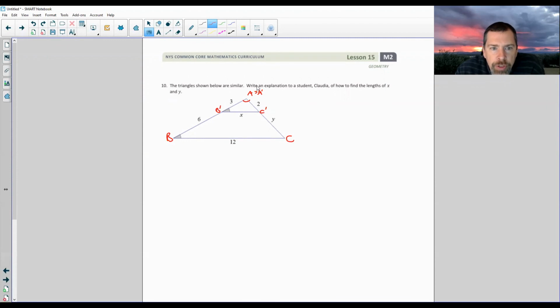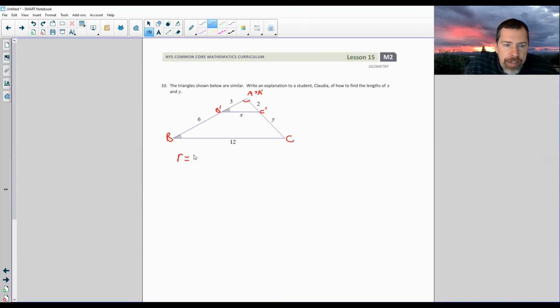Okay, so we're told they're similar, so we know that we have an angle equal to an angle equal to an angle. Two angles are congruent to their corresponding angles. Great. So therefore, they must be proportional. So I want to compare sides. So R has to equal, and I'm going to put the givens, the two givens, A prime B prime and AB, 3, 6, we already know that, in the middle.